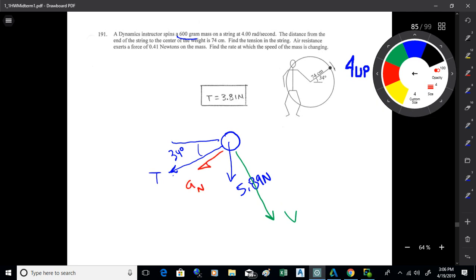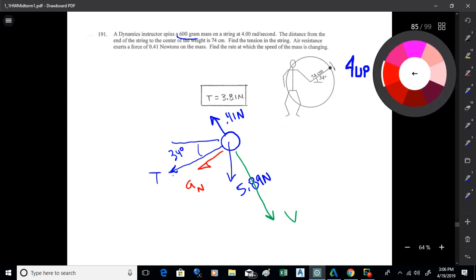Because anytime something goes in a circle, it has an acceleration in towards the center of the circle. And then we've got some air resistance, 0.41 newtons, doing that. And then a little bit of tangential acceleration too. So we got a number of things going on there, okay? And there they are.